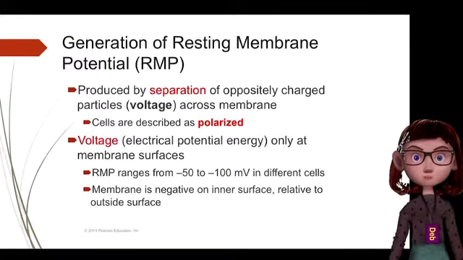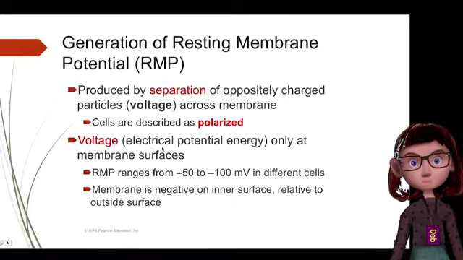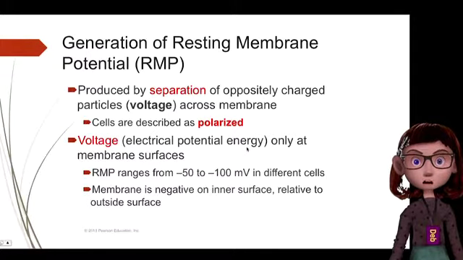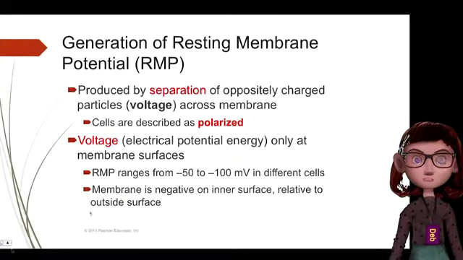When you separate these opposite charges across the cell membrane, now we can say that the cells are polarized. Voltage is actually electrical potential energy caused by the separation of opposite charges. It's only going to occur at the membrane surfaces.